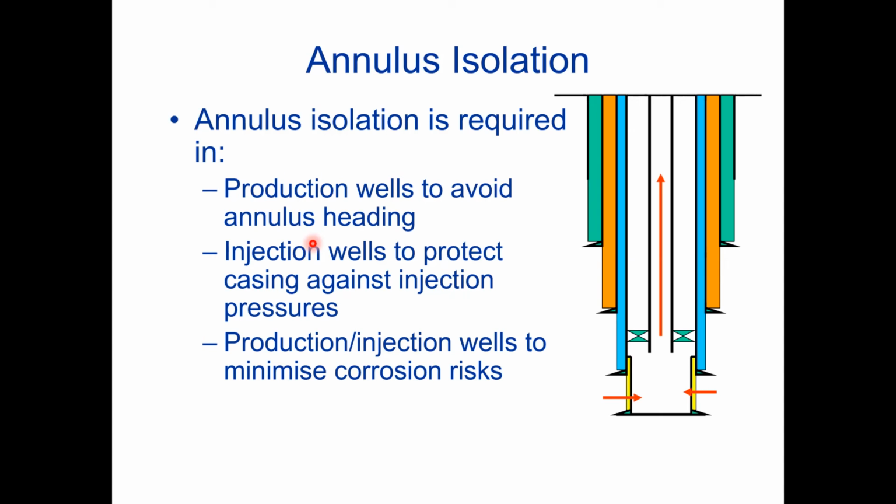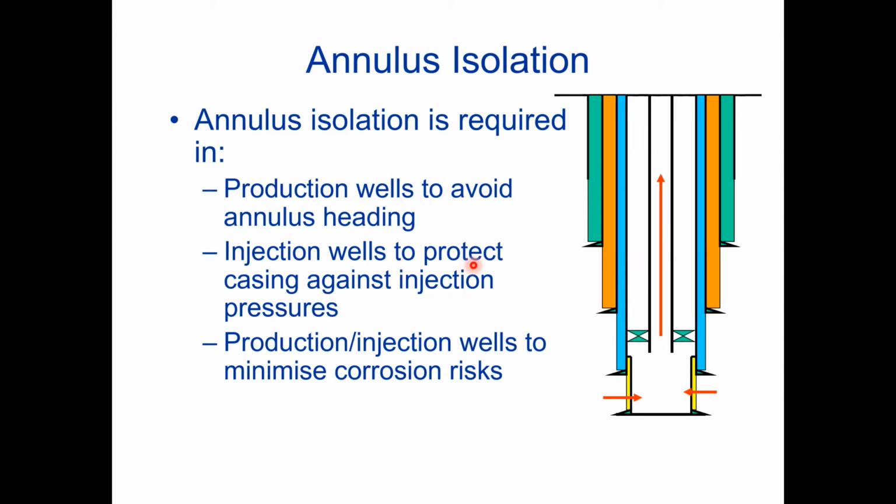There are other options as well, like controlling a well blowout, where you can have relief wells. But in a production well, we put the packer to prevent annulus heading and also to prevent corrosion and erosion to the casing.